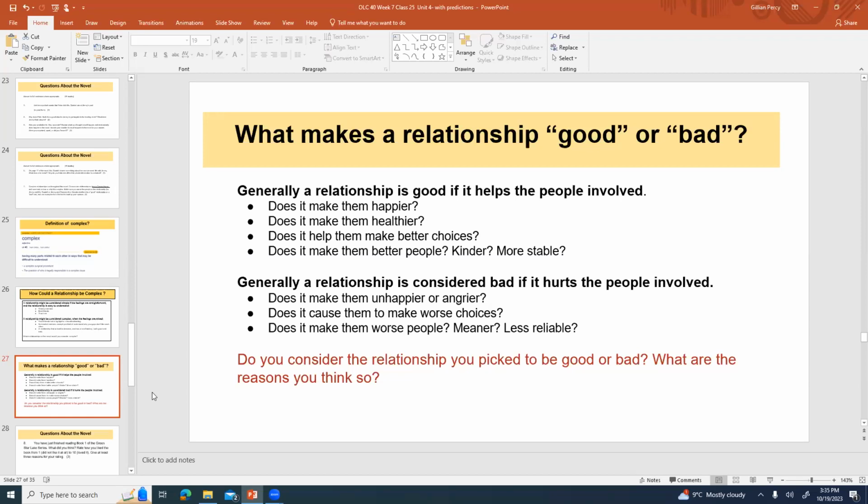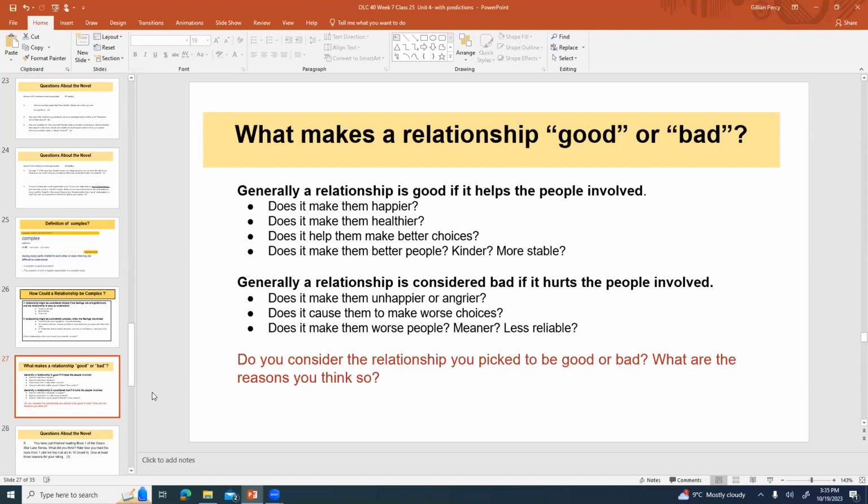A lot of us know times where there's a couple involved where they actually do better apart than they do together. When they're together, they just seem to really make poor decisions. They seem to hurt each other. They just seem to not do so good. So that's the kind of relationship we're thinking about when we're talking about it's bad for the people involved, right? It just keeps on hurting them.